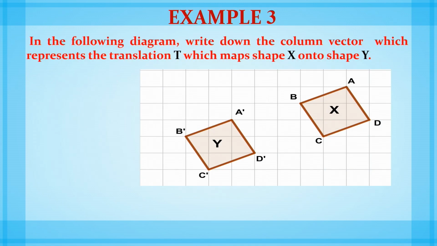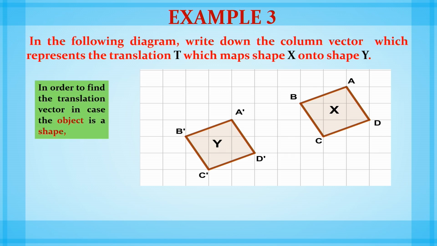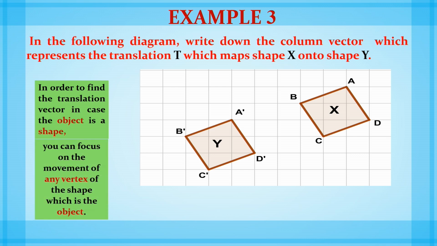In example 3, we have to find the translation vector T which maps shape X onto shape Y. Students, in order to find the translation vector in case the object is a shape, you can focus on the movement of any vertex of the shape which is the object. Suppose here we consider the movement of vertex A to A'.